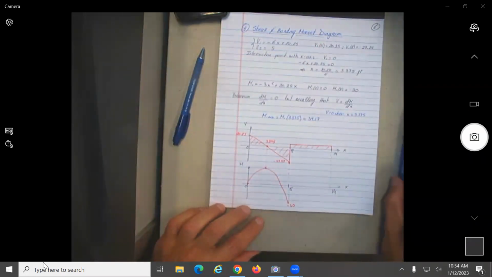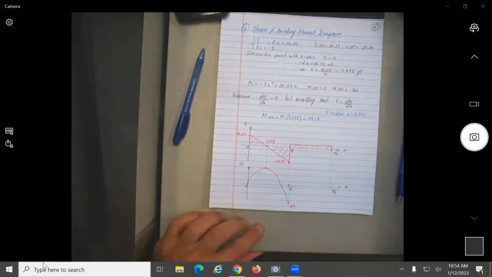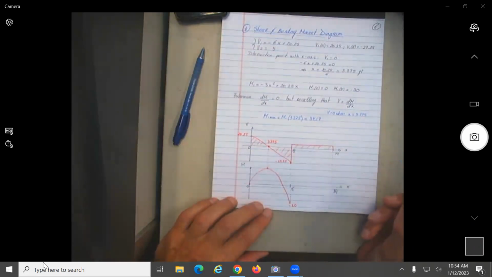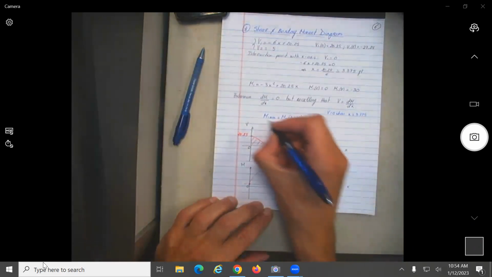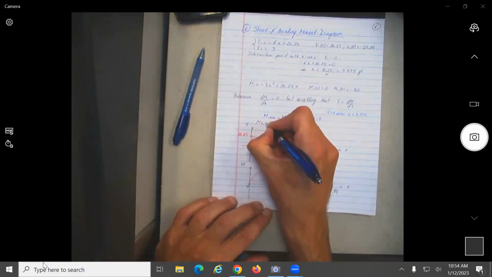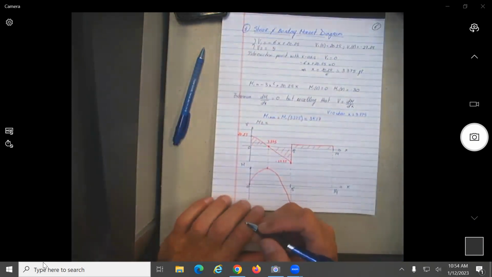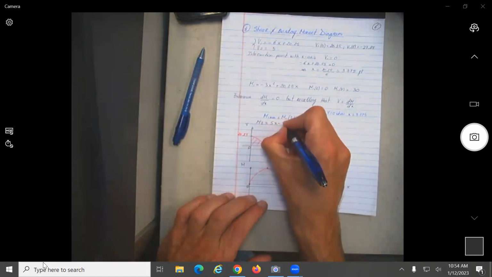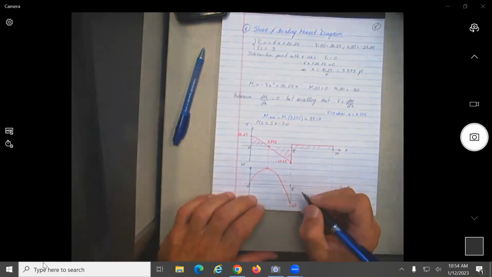Now, what do we know about? Oh, I didn't put it here. Sorry for that, guys. We have M1. Maybe I should put it here. All right, it's not going to look pretty, but I forgot to put here M2. Sorry for that. M2 was equal to what? 5x minus 70.